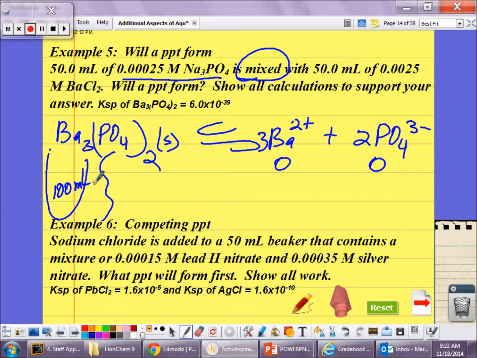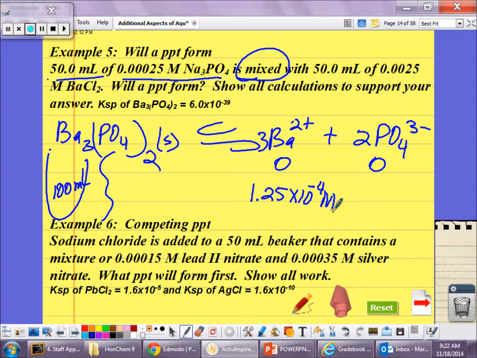So the concentration really of my phosphate, we can cut it in half because we have double the volume. So what is half of 0.00025 molar? 1.25 times 10 to the negative 4th. Okay, thank you. No, it's not barium, I put it in the wrong place.